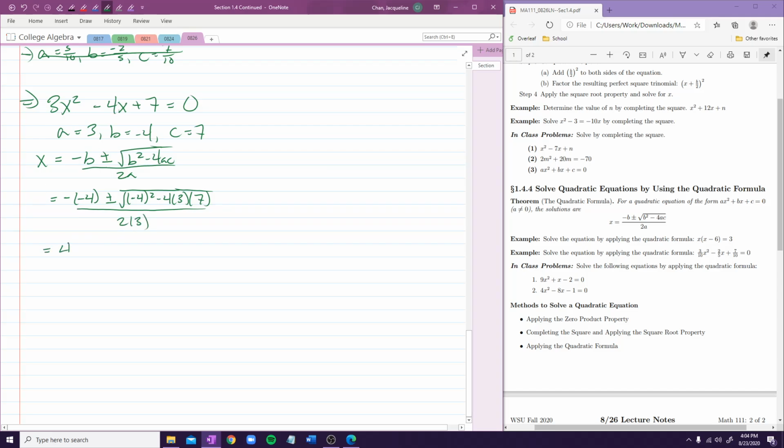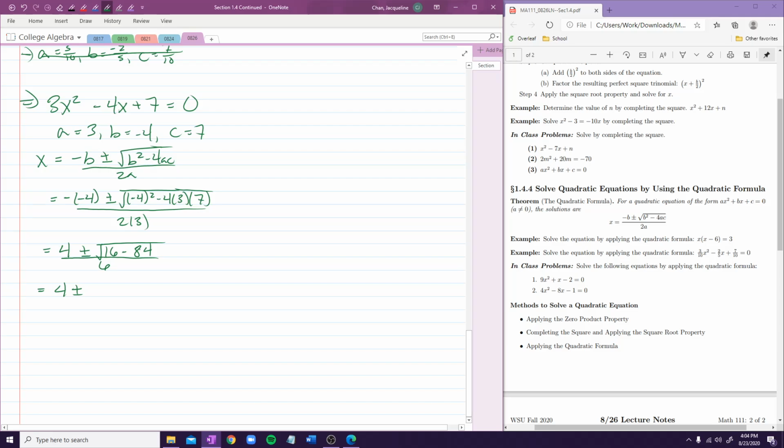So this is 4 plus or minus the square root of 16, and then -4 times 3 times 7, so this is -12 times 7, so this is -84, all over 6.